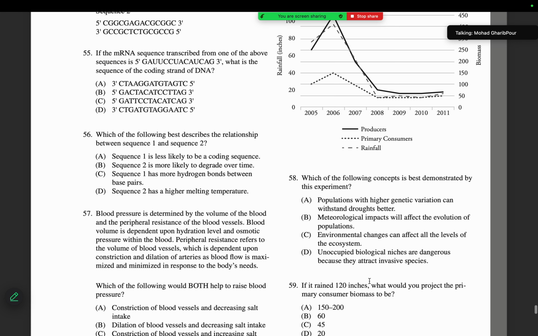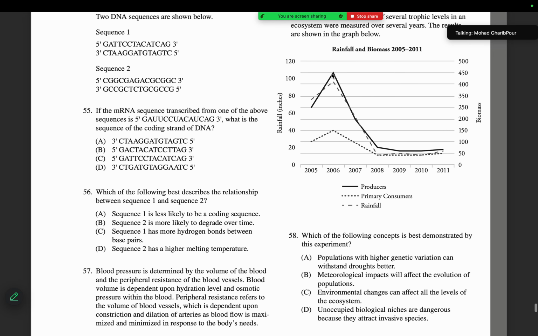So primary consumers are down here. Okay, and the tip that coincides with this tip of the rainfall, down here, is right here. So basically we're saying if we were to just bump this up to 120 for rainfall, where would this tip go?